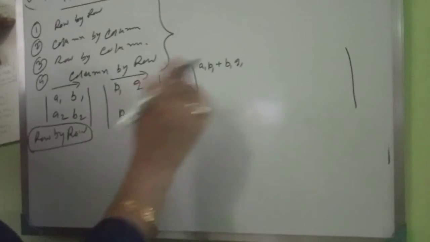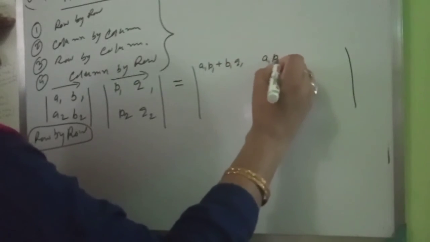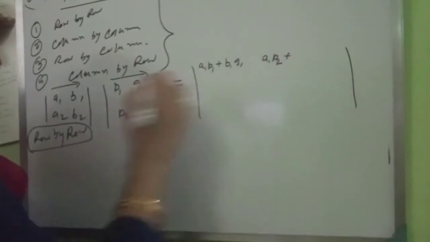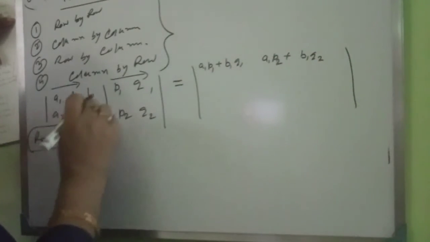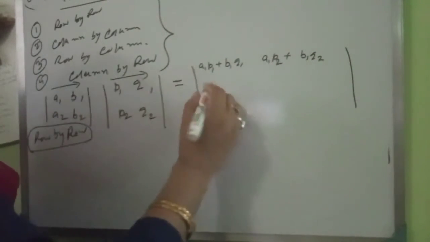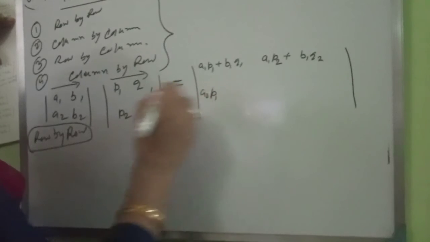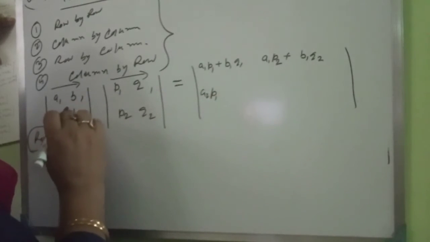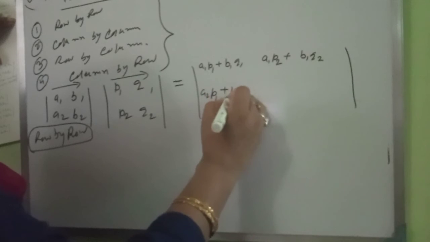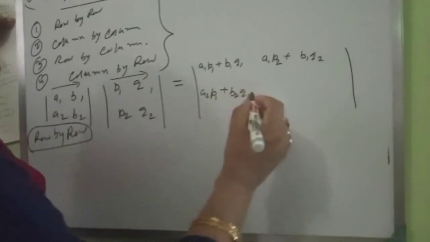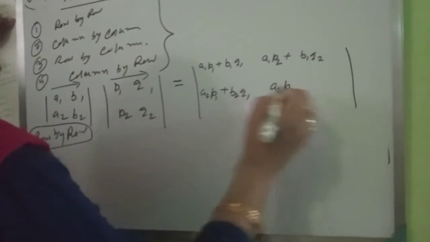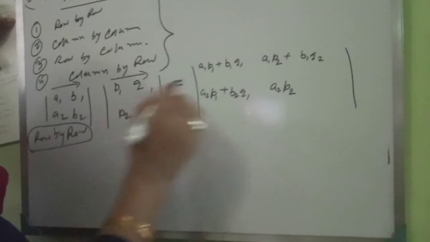So A1 P2 plus B1 Q2. Okay, then second row, first row, A2 P1 plus B2 Q1. Next second row, A2 P2 plus B2 Q2.